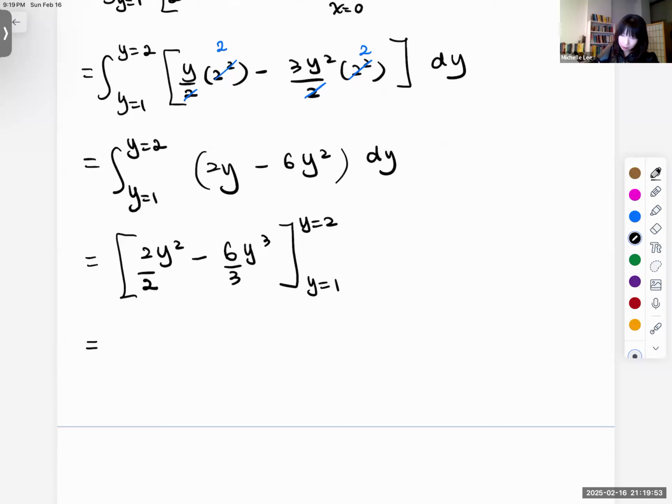So we get, simplify, y squared, so 2 squared minus 2 times 2 to the third power, minus 1, right?